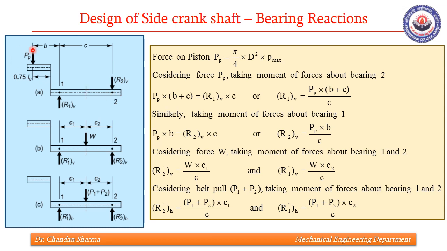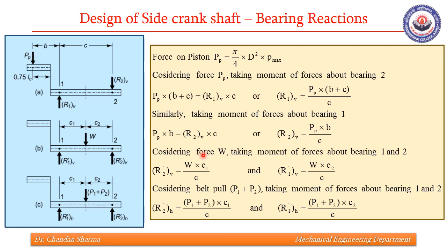This force PP into distance B plus C, that is PP into B plus C, equals this vertical force R1V, which is reaction at bearing 1 due to vertical force, into this distance C. So R1V will be PP into B plus C over C. Similarly, if we take moment about bearing 1, we'll be able to find R2V. So R1V and R2V are the reactions due to the vertical load PP.